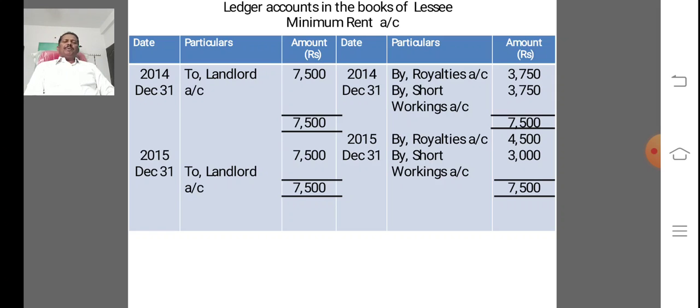In 2015, December 31st, debit landlord account 7,500, and credit side by royalties account 4,500, by short workings account 3,000, total 7,500.